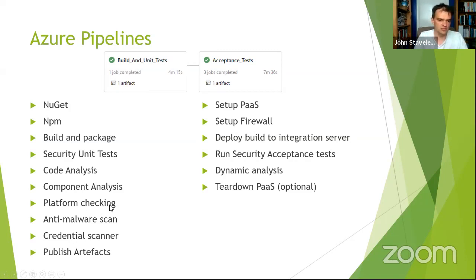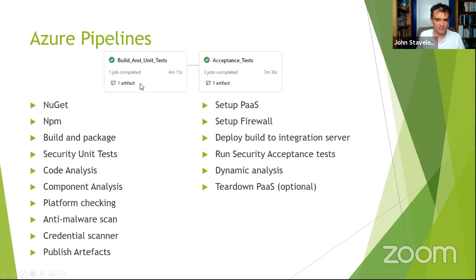There's a checker you can use to make sure those settings in the ARM template are the most secure possible. None of those will pick up whether any malware has been checked in as part of your code. Also, we need a credential scanner to make sure a developer hasn't accidentally checked in some admin passwords. We'll then publish the artifacts so they can then be deployed to further environments.